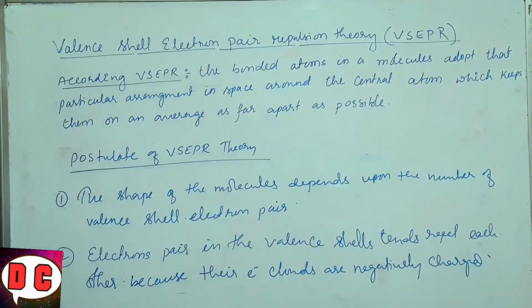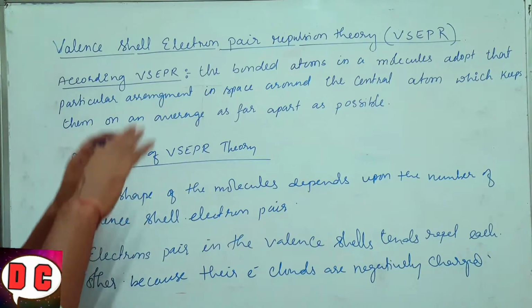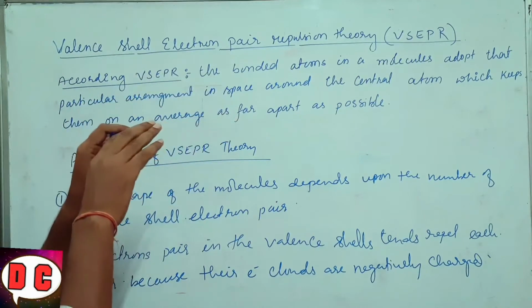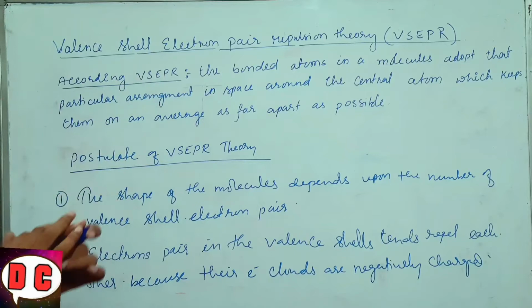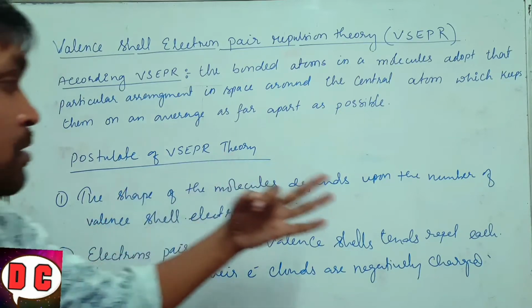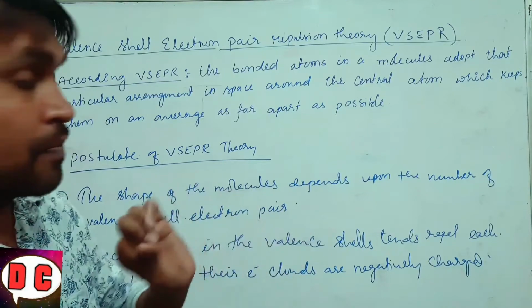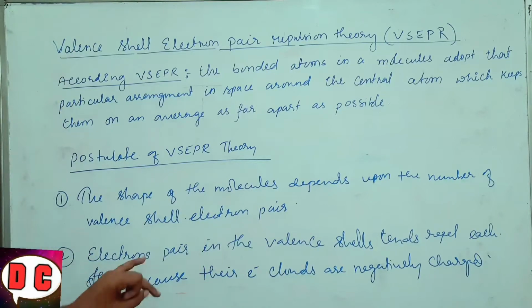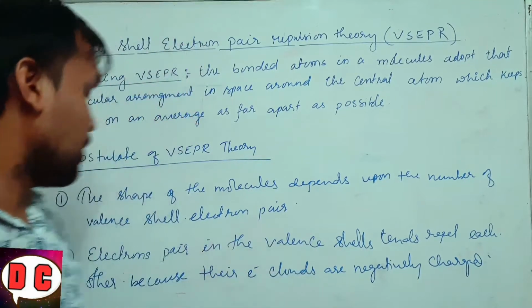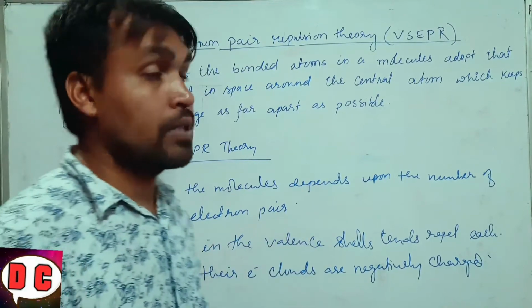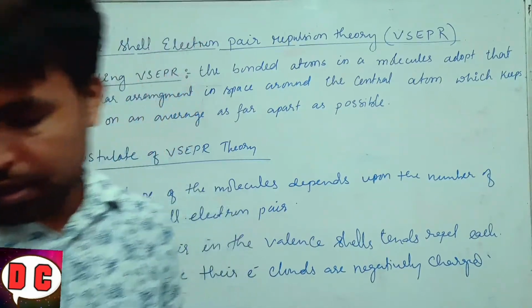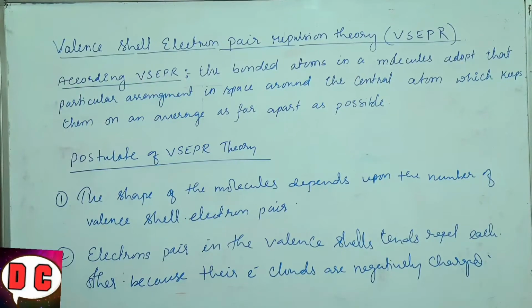So these two points are clear. First, the shape of the molecule depends upon the number of valence electron pairs. Second, electron pairs in the valence shell tend to repel each other because their electron clouds are negatively charged. Pause the video and you can take it down.